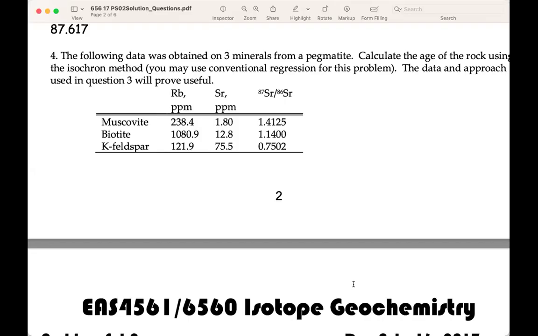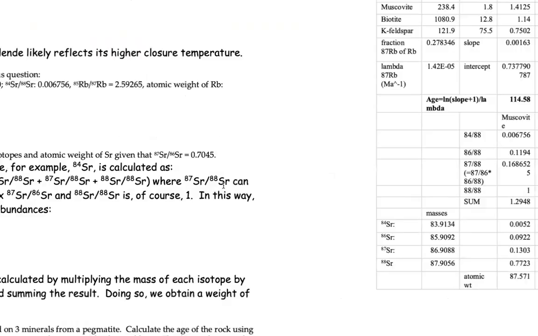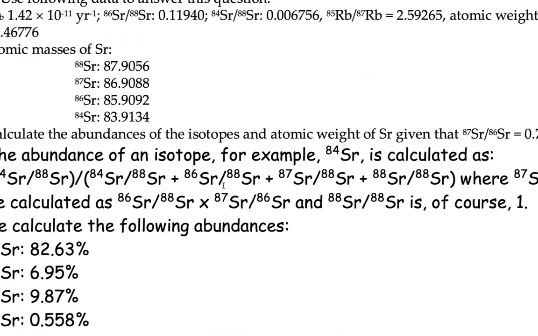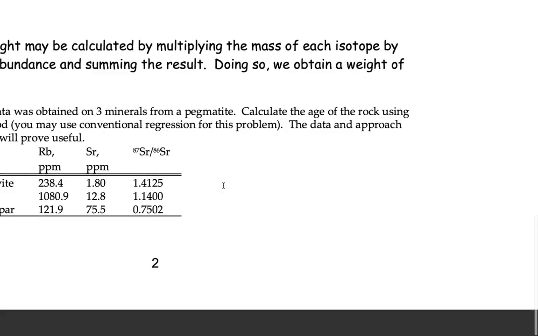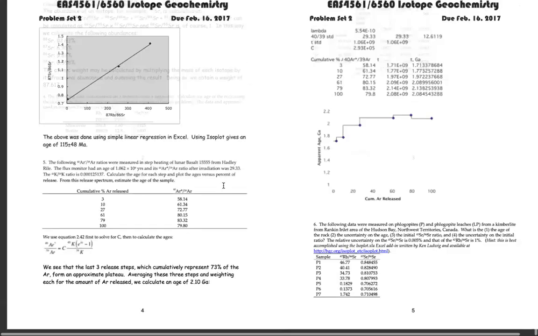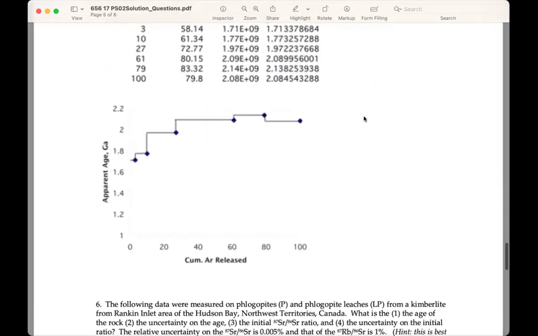Okay, can you see the screen now? Yes, sir. Okay, right. So this is another one, also from White. Let me check, because we are dealing with only this isochron part.